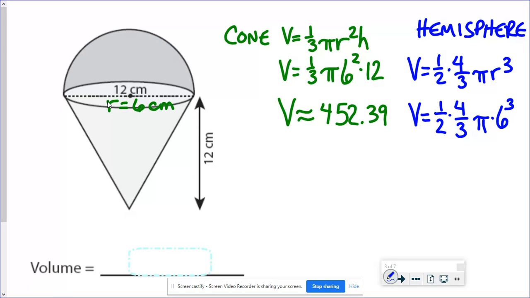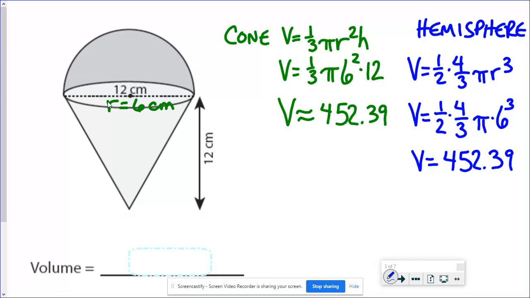So the way that I just do my normal sphere is I would get that 216 times 4 divided by 3 and then times pi. There's my full sphere answer, and then I would just divide by 2 or multiply by a half to get the final answer on this one. So for my hemisphere, I'm going to get 452.39 when I round that.